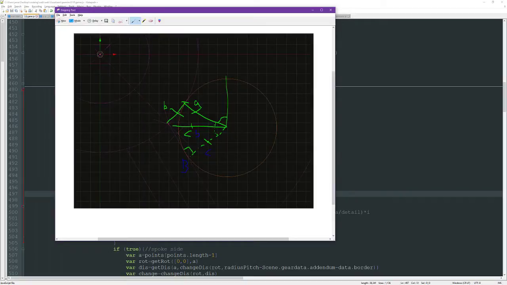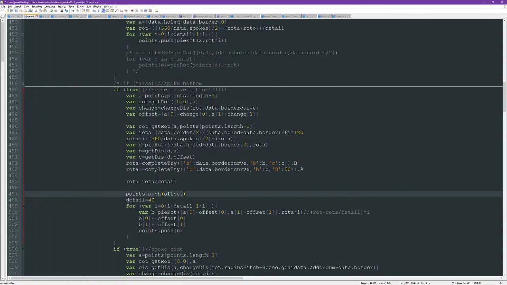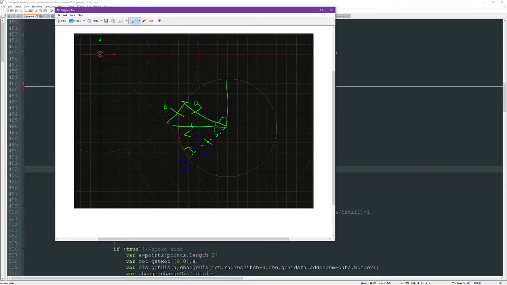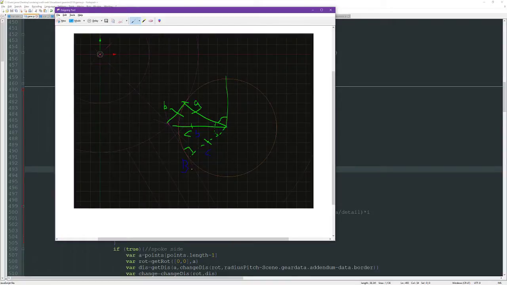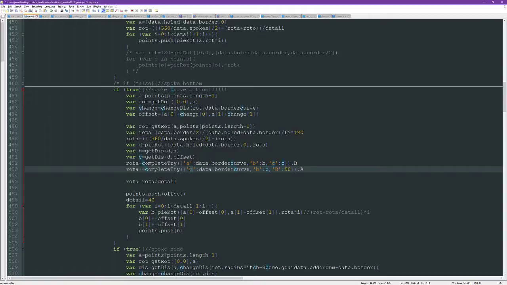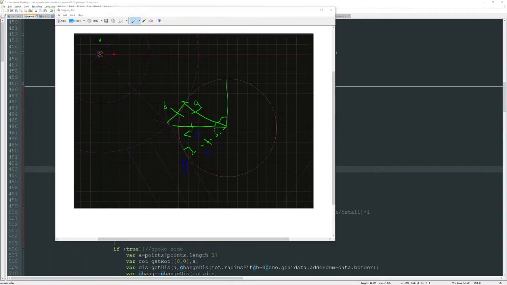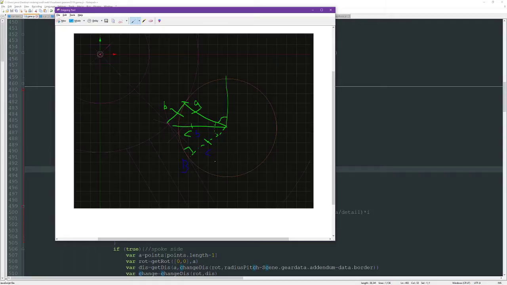What am I doing? So the other one is C is B. What? Oh. I just did it in a different order.